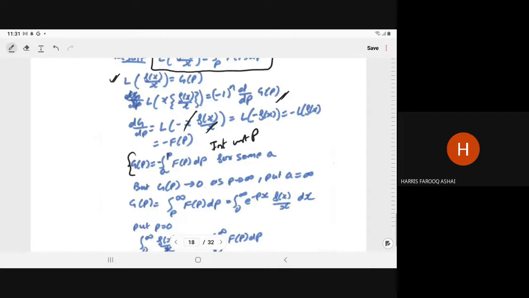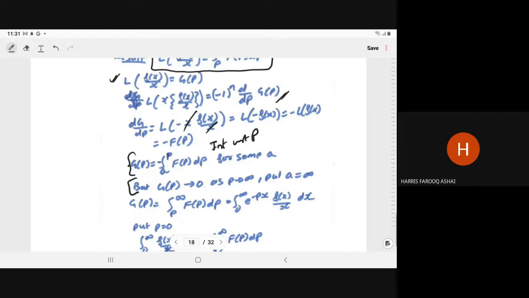So for that we have to put a equal to infinity. First we have taken an arbitrary interval. Now from the condition of the Laplace transform function, we know that it should tend to 0 as p tends to infinity. For that purpose a must be infinity.